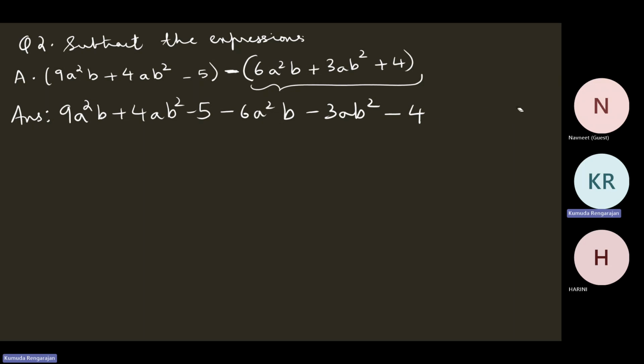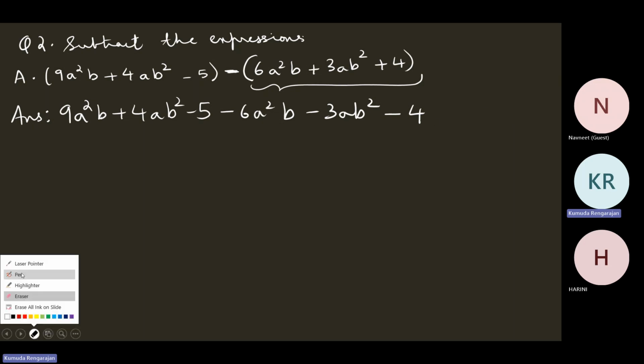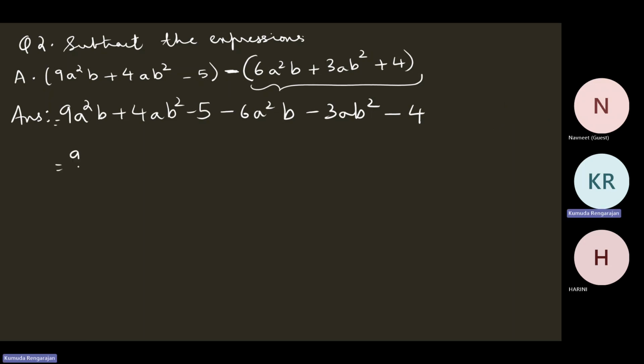So that's the first step, to remove the brackets. Now gather the like terms. Next step is to gather the like terms. So 9a square b, and what should I write after 9a square b? Minus 6a square b. Then plus 4ab square.